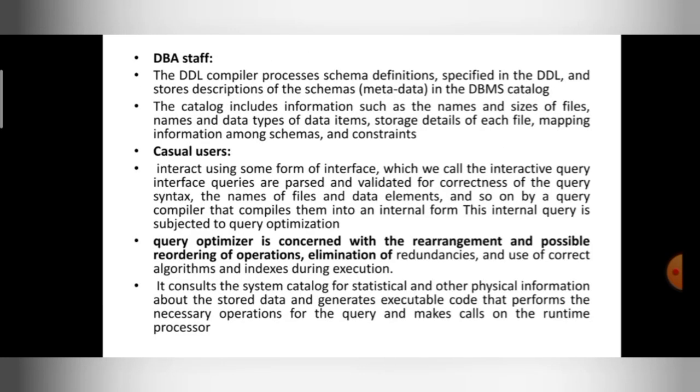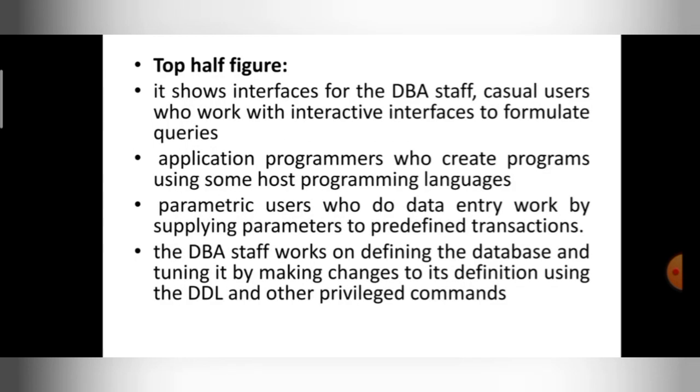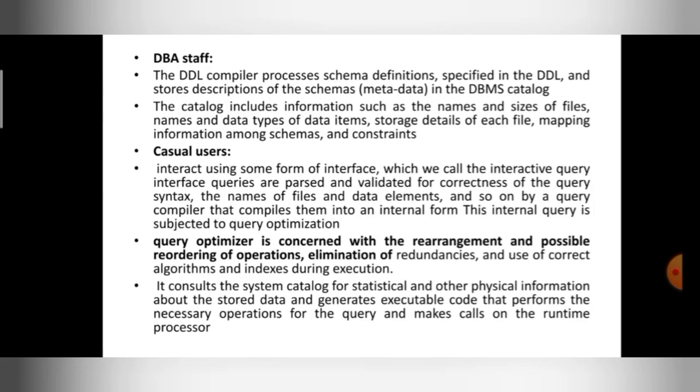Next, now I'm going to explain the role of each step in detail. Very simple. See here, DBA step. The DBA step will give the command in the DDL statement, right? The DDL compiler processes the statement given by the DBA step.